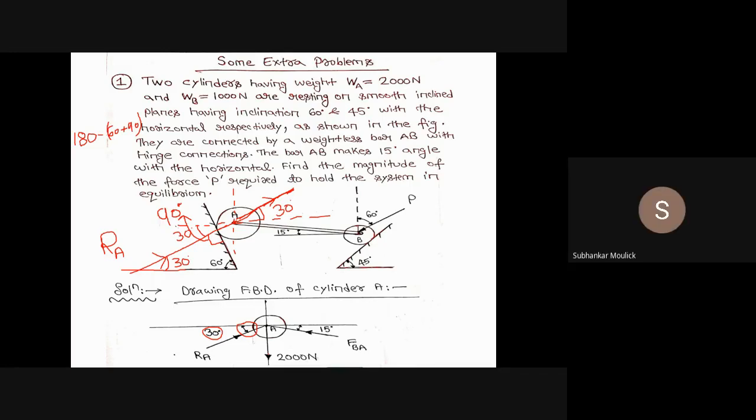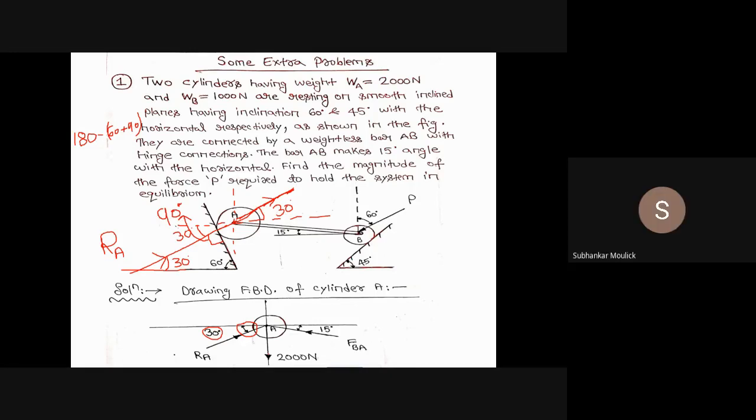Okay. So we are done with the 2000 Newton force. We are done with the RA force. One more force is acting on this cylinder A. Can you identify that force? Yes, sir, along BA. Of course.